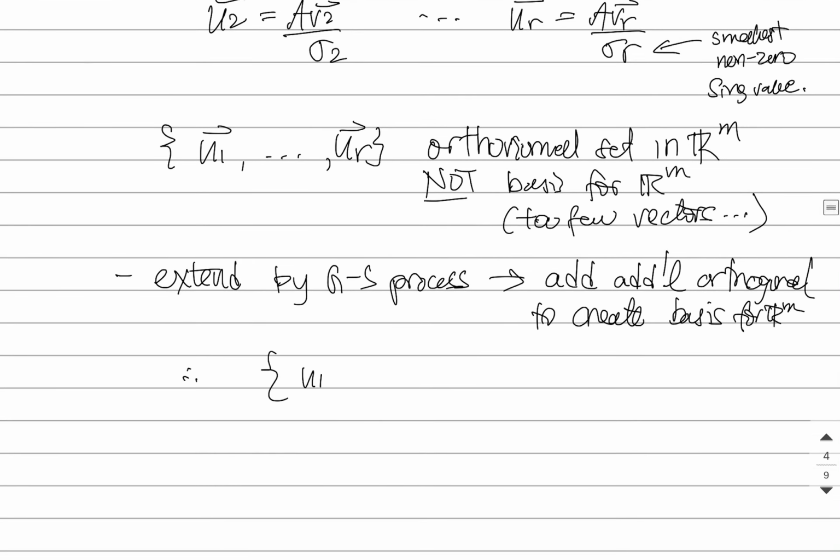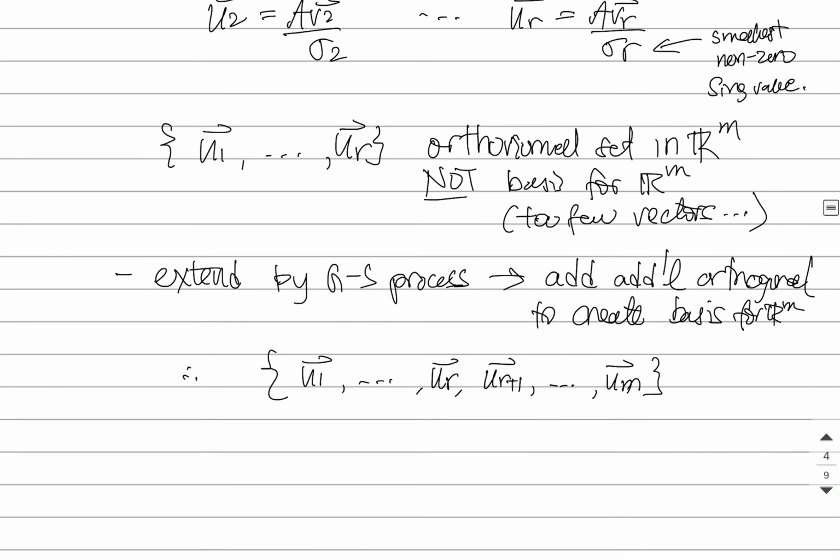So that means U1 down to UR, those are the ones that we got from the matrix. We can just find some new ones all the way down until UM. That's okay. We're allowed to do that because the Gram-Schmidt process lets us do that.